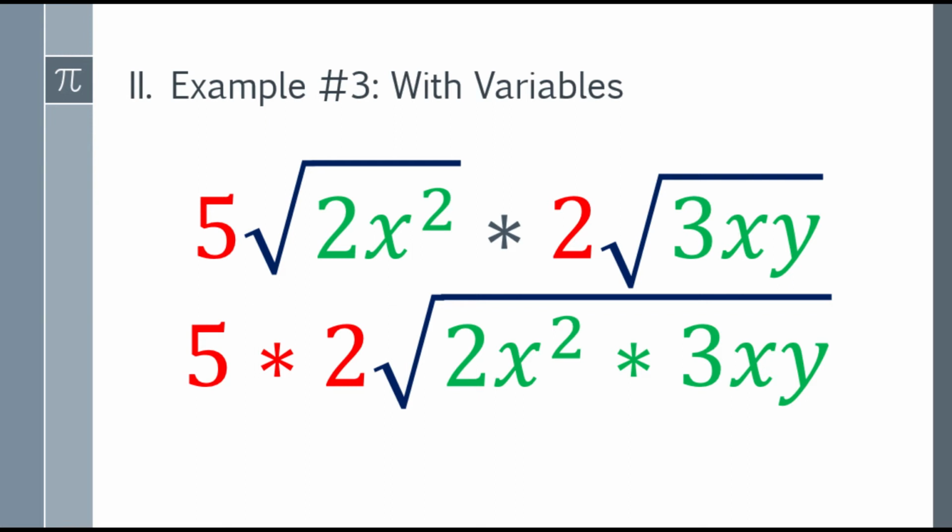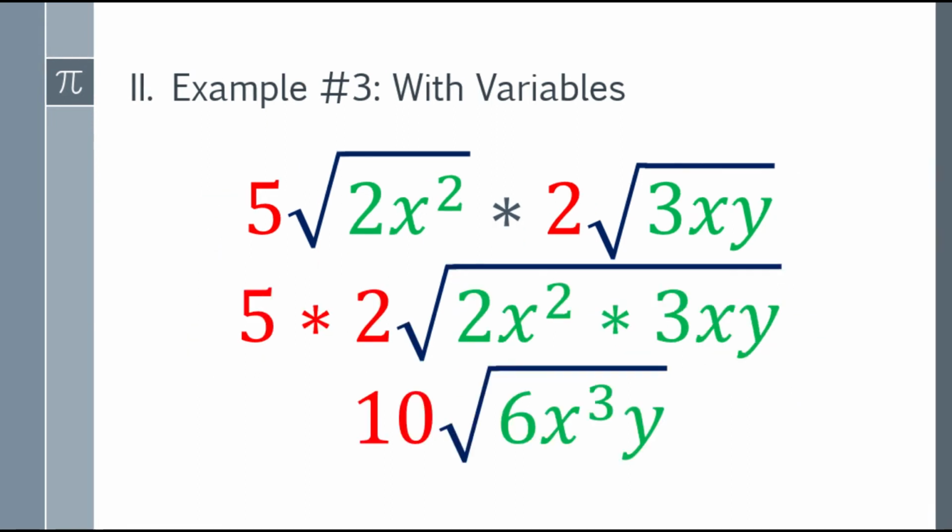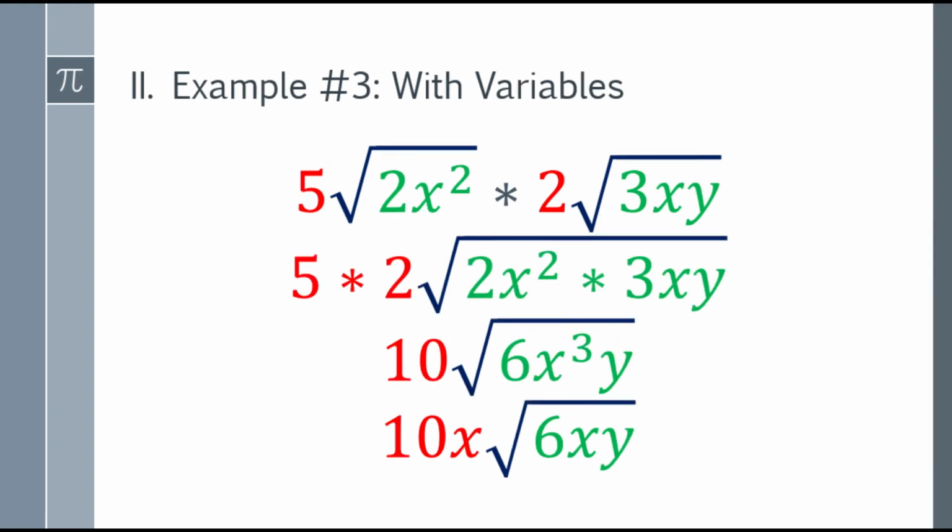Ngayon, simplify mo siya and you will get 5 times 2, that will be 10. At yung nasa loob ng radical sign, that will be 6x cubed y. Ngayon, pwede mo pang simplify yung x cubed. So ang factors nun ay x squared times x. So the square root of x squared, that will be x. So the final answer will be 10x square root of 6xy.